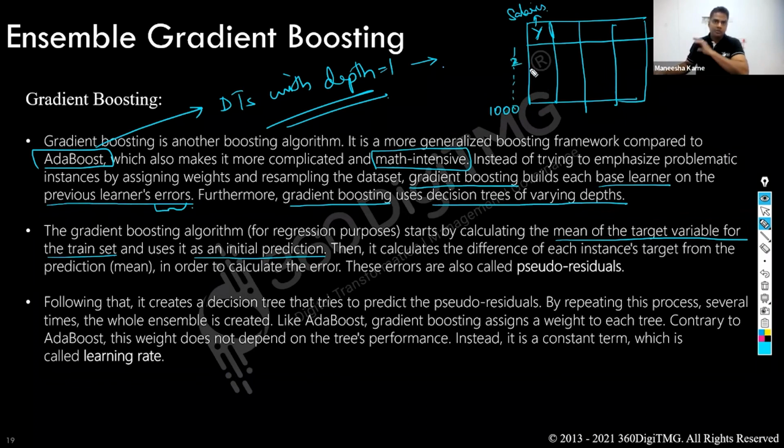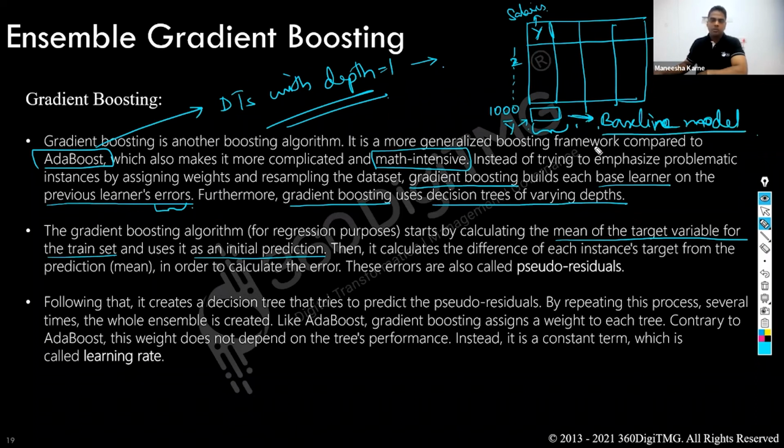You take each of that value, and then you can take an average of the output variable. This average becomes the baseline model. This is usually called a baseline model.